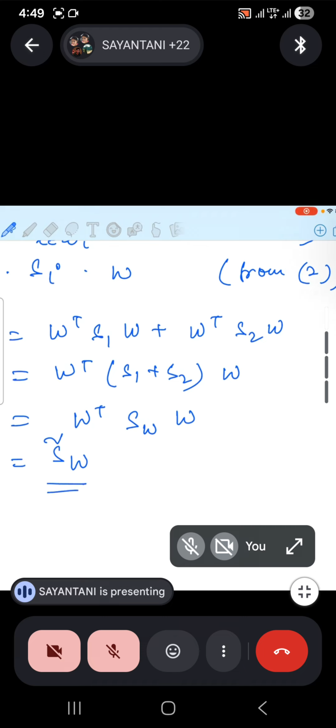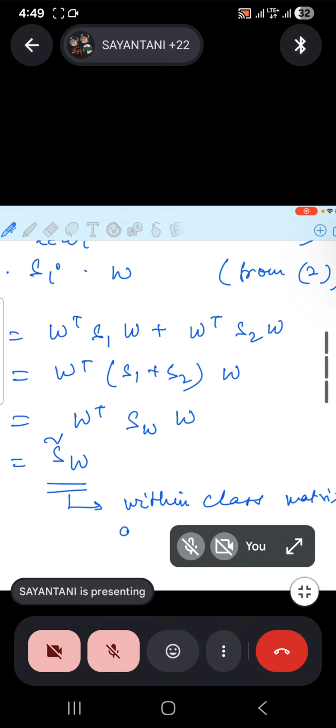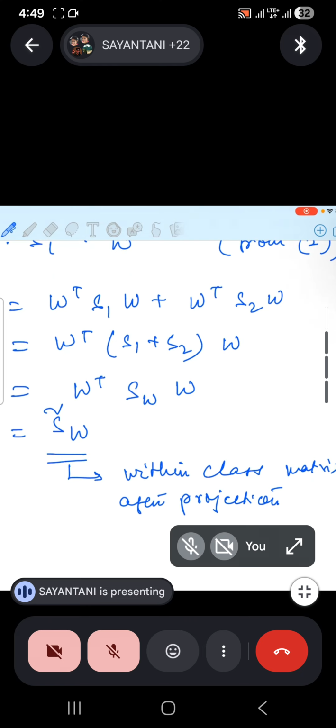This SW tilde is nothing but the within class matrix after projection. So it's the within class matrix values. That's why I'm labeling S1 plus S2 as SW.